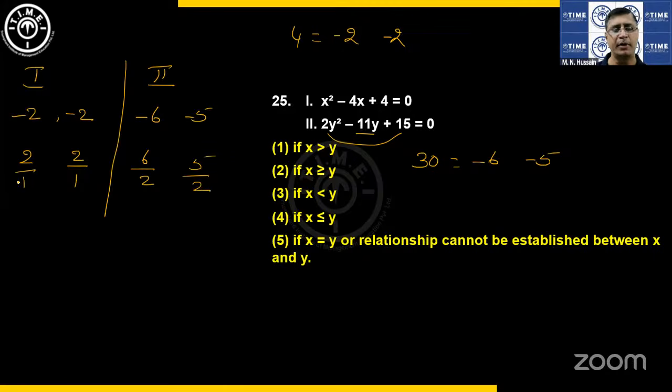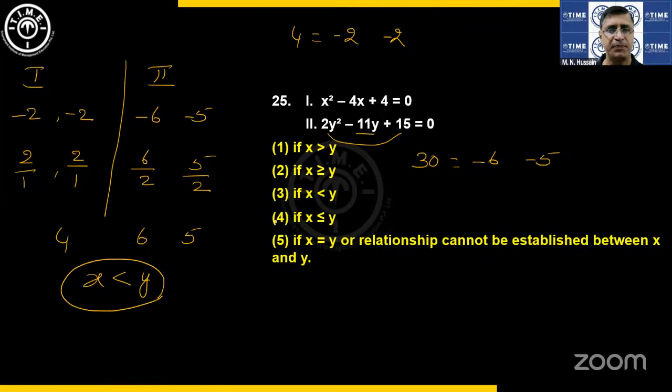Now just compare by doing cross multiplication. 2 into 2 is 4, and here 6 and 5. What is the comparison? 4 is less than both the roots of the second quadratic equation. What does it mean? Both the roots of the first quadratic equation are less than both the roots of the second quadratic equation. X is less than y, answer choice 3. The third option is the right answer.